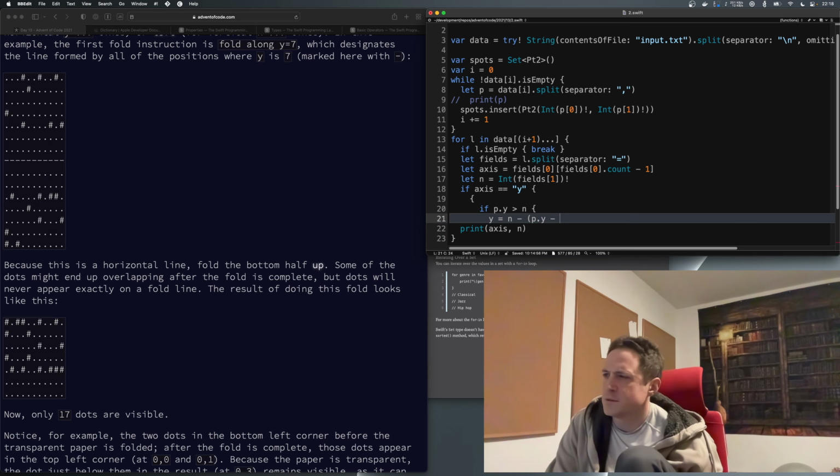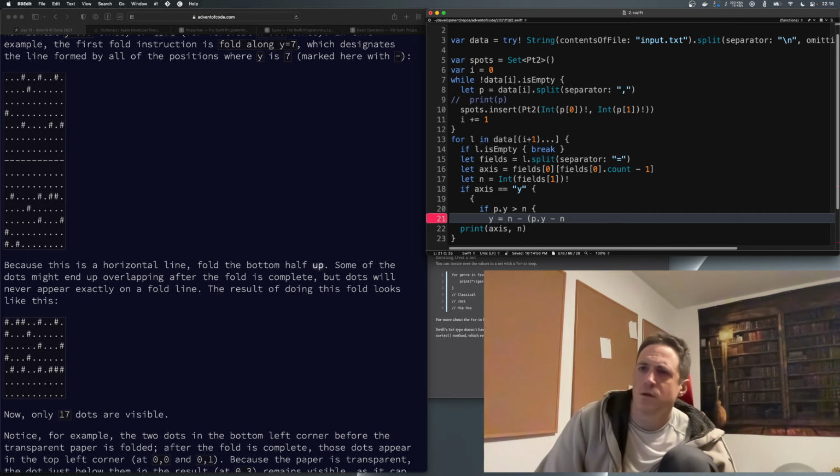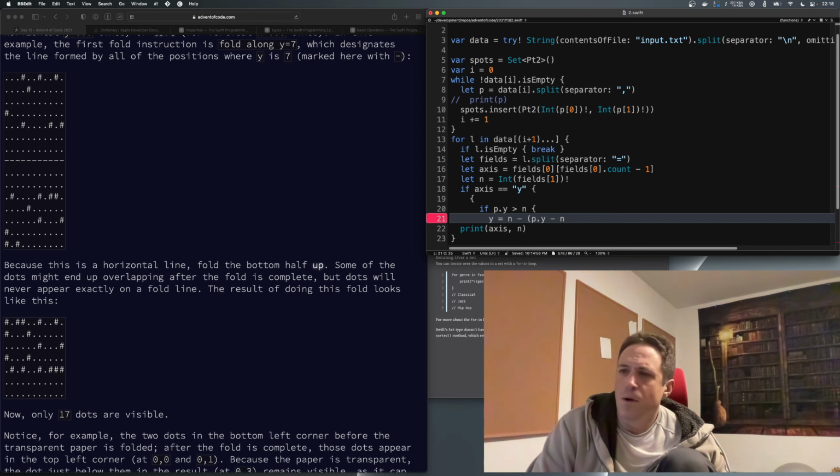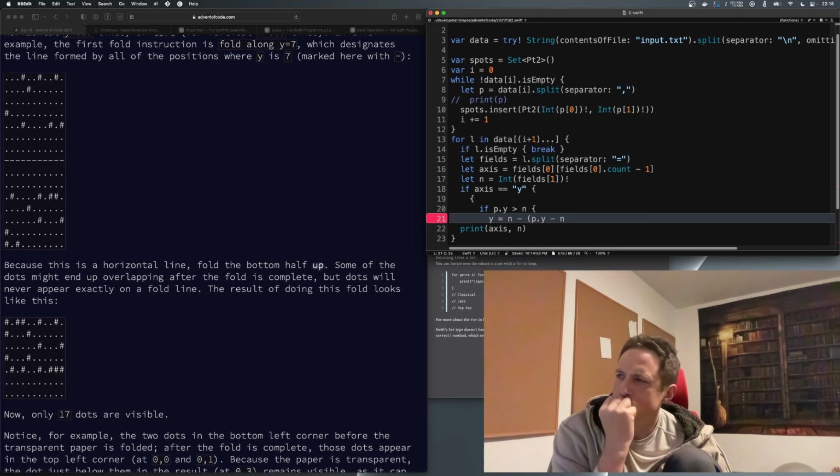No, that doesn't make any sense, does it? Py is definitely going to be negative. So it's going to be 2n minus py. That doesn't sound right at all. Because that'd be 14 minus 8. Well, it might be. Okay.